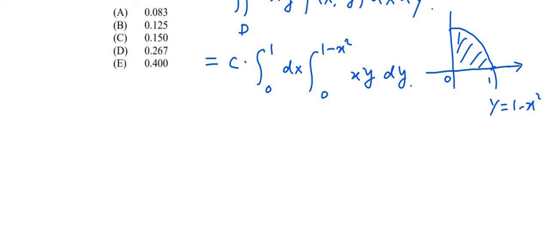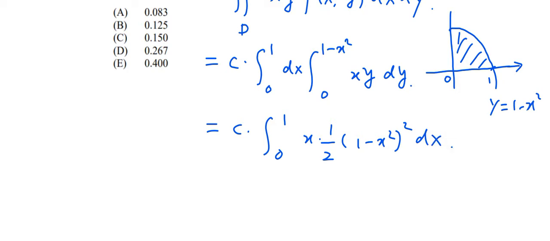Let's do this integration. Here the integral of y dy is half y squared, so this is 1 minus x squared, squared. So this equals the integral from 0 to 1. Expanding this, 1 minus x squared squared gives x minus 2x cubed plus x to the fifth, dx.